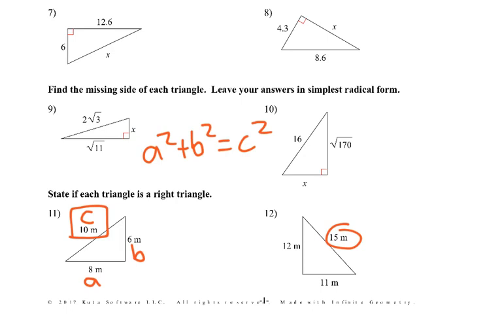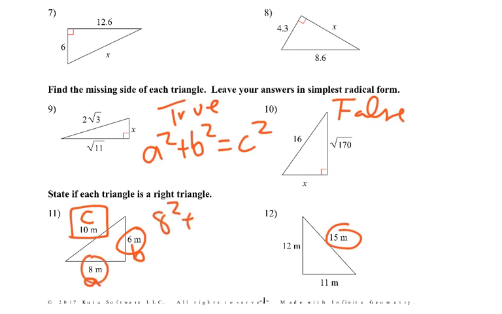Well, that's the Pythagorean theorem, so if that's true, it's a right triangle. If it's false, it's not a right triangle. So I set it up. So 8 squared plus 6 squared should equal 10 squared if it's a right triangle. So 8 squared is 64, 6 squared is 36, 10 squared is 100.